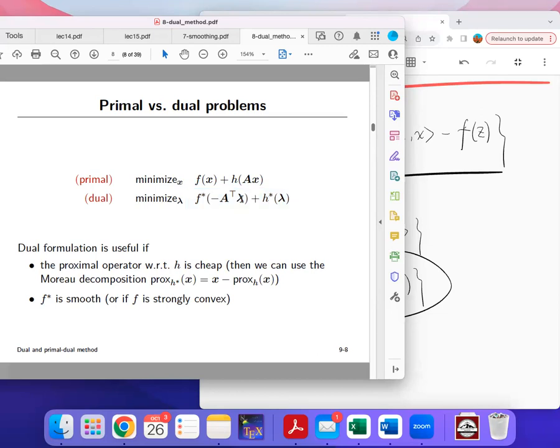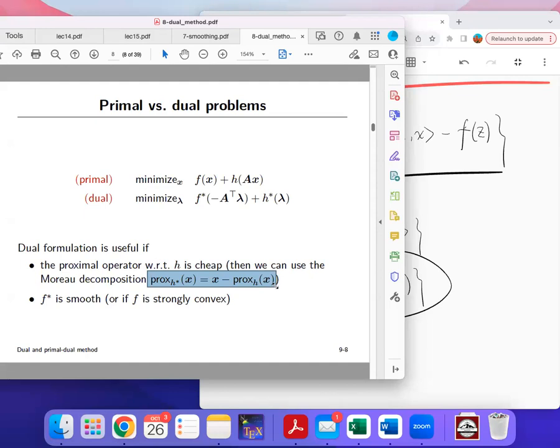To do that, we will need to compute the proximal mapping associated with H star. This can be done easily through the Moreau decomposition that we talked about before.